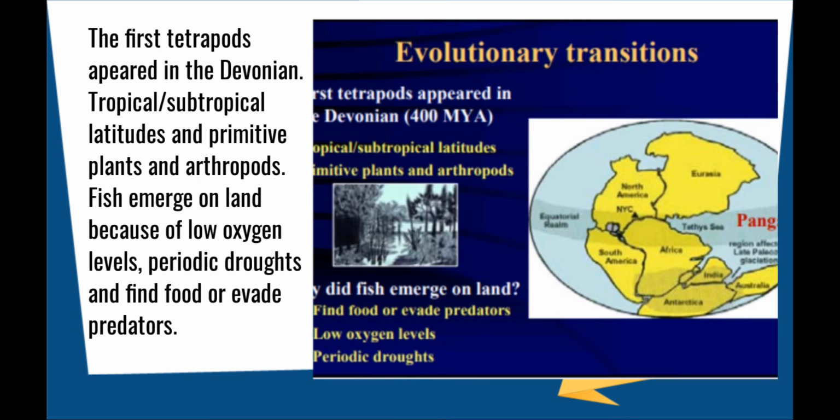The evolutionary transitions of amphibians. The first tetrapods appeared in the Devonian, 400 million years ago. They lived in tropical or subtropical latitudes with primitive plants and arthropods.